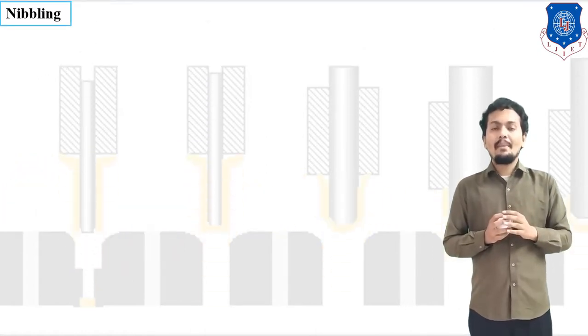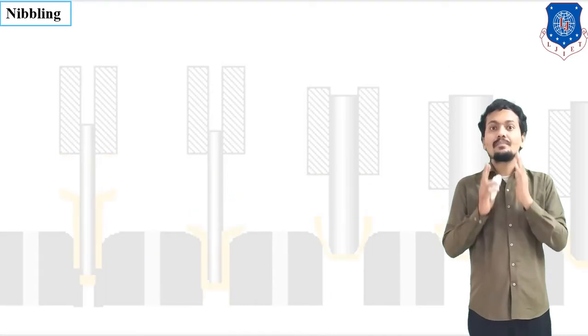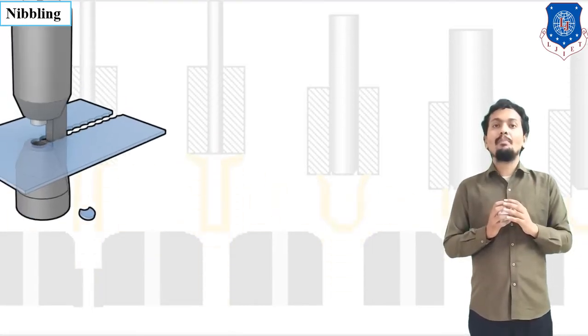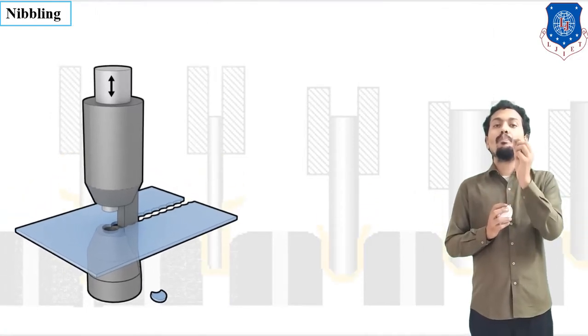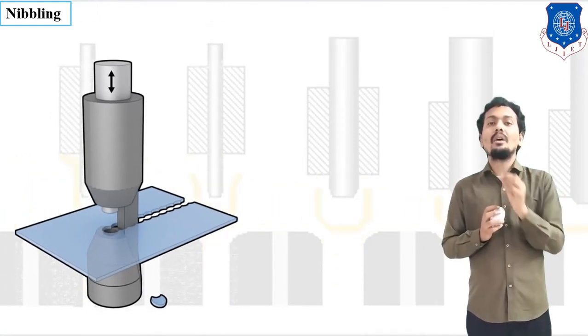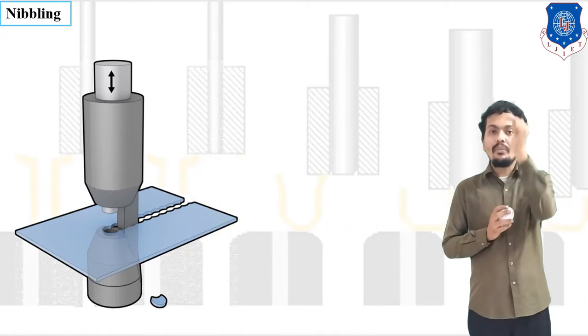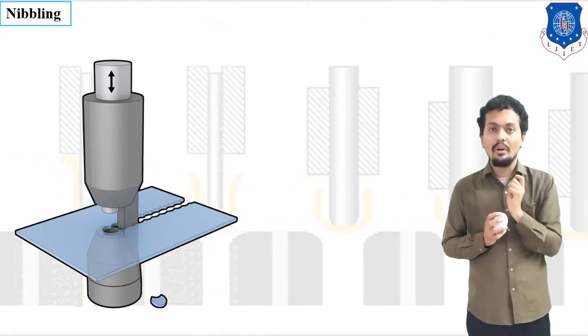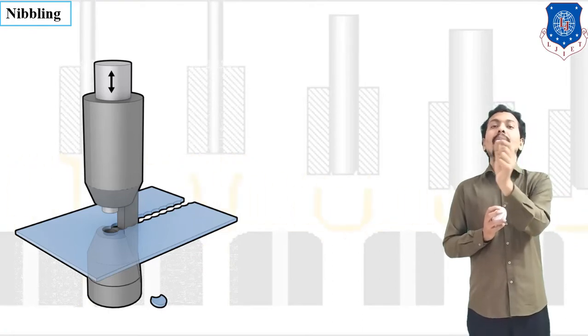After that, here I mentioned the nibbling operation. What happens in nibbling? In nibbling, our purpose is to make a particular path cut. So in nibbling, with the help of a reciprocating plunger, we can make any contour or any impression, right?